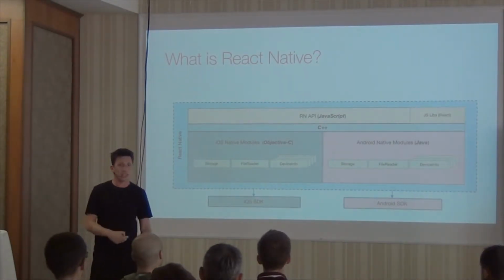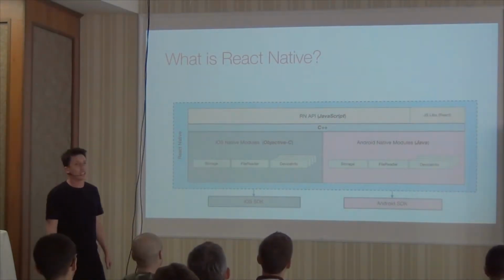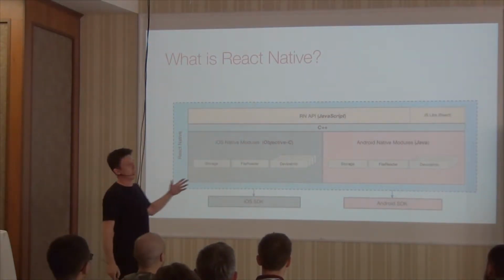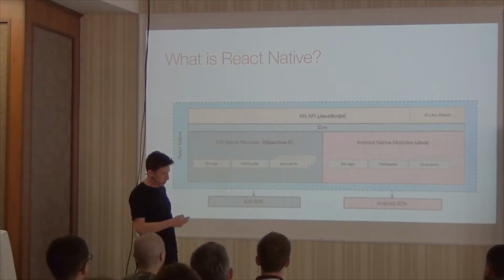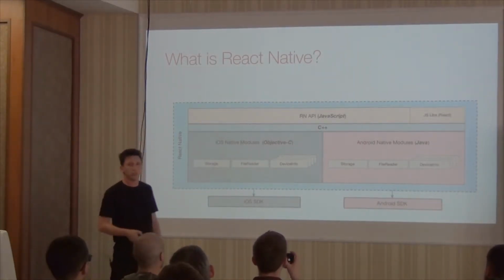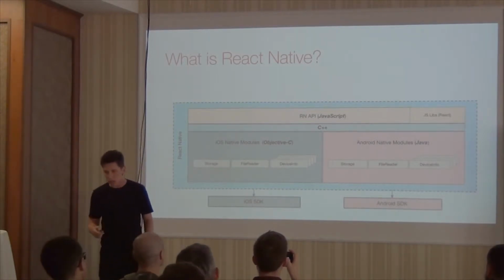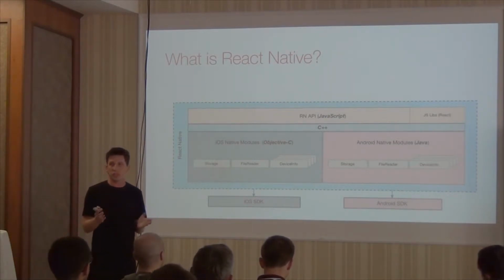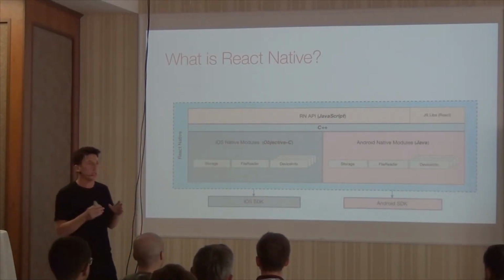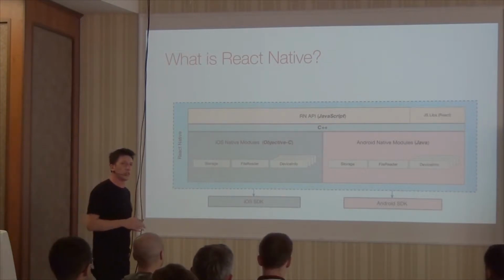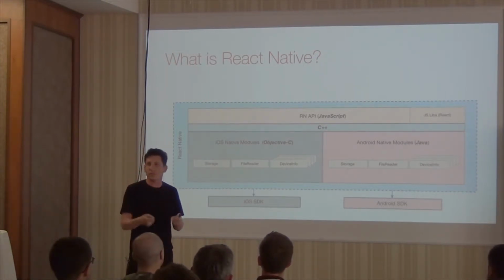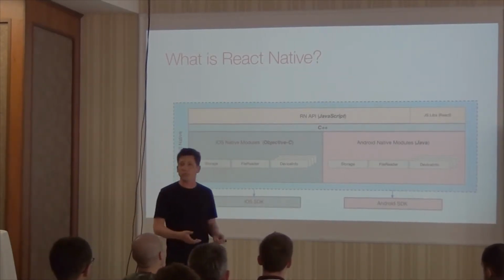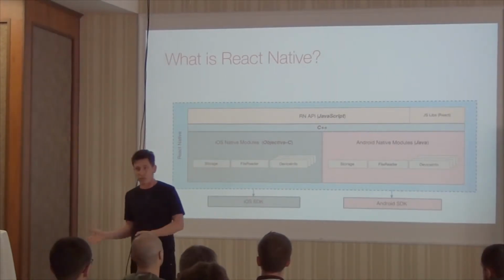And this is the React Native. We can split React Native into two main layers. The first layer is implemented natively, in Java for Android and in Objective-C for iOS, and it consists of something called native modules. A native module is an implementation of a module that implements some functionality that requires a native API, something from native, or some stuff that we just cannot implement in JavaScript because of some limitation of JavaScript.